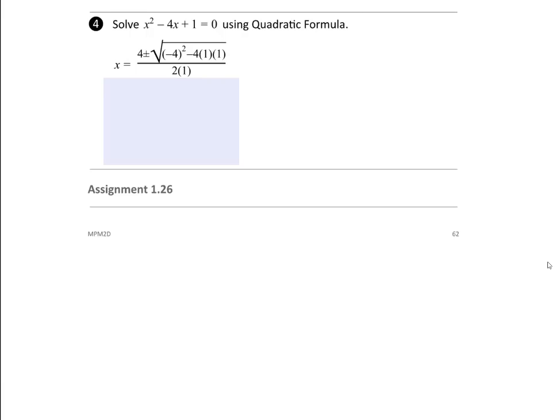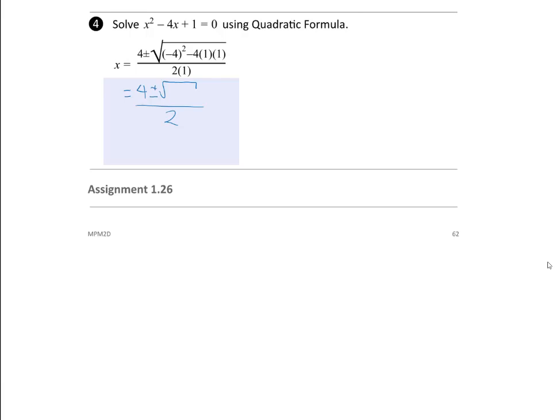Our next step is to evaluate what's under the square root sign. I'm going to give you time to figure that out. I have 4 plus minus square root of something all over 2, because 2 times 1 is 2.